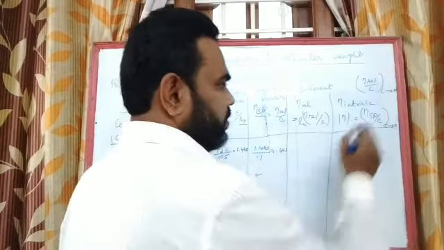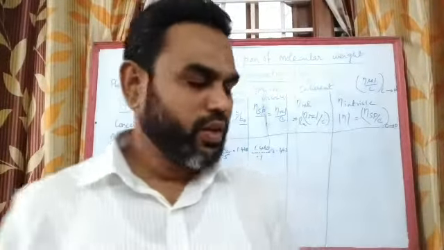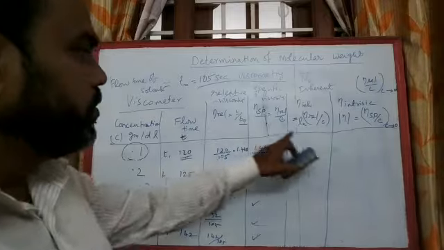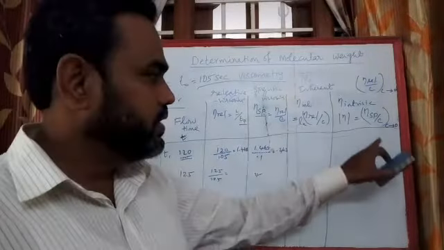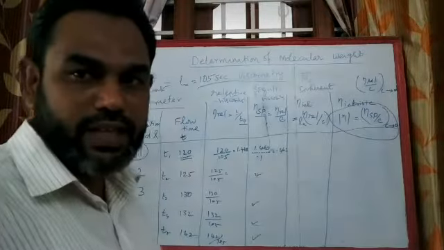So this is how we measure the eta intrinsic viscosity. We have measured it from the flow times of the polymer solution and solvent through formulas and calculations.